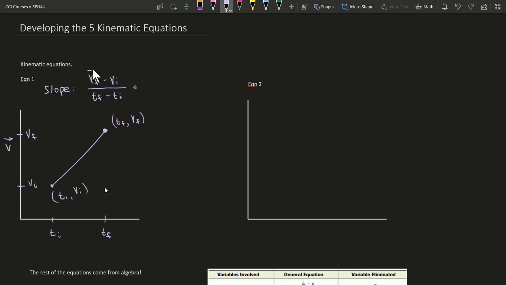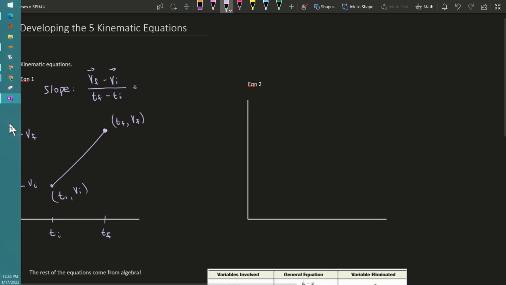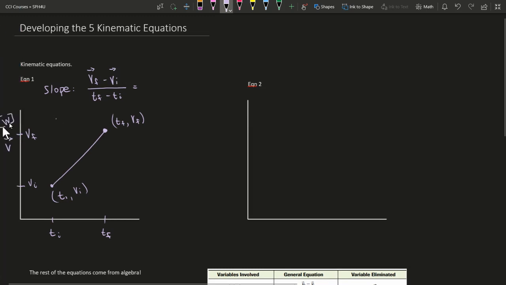And so these are vectors, because we can end up designating a direction on here, for example, like west or north or something like that. So we'll just leave it generic for now. And that's basically what we're looking at.